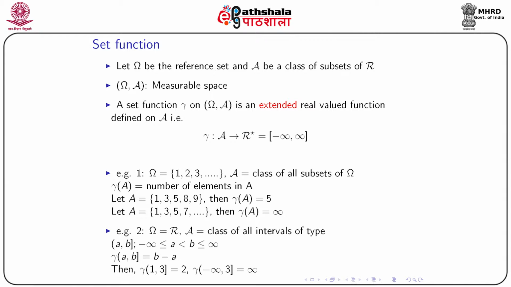Now we define the set function gamma of (a, b] as b minus a, as if we are considering the length. So if I consider the interval (1, 3], gamma of (1, 3] is b minus a, 3 minus 1, that is 2. Now if one of the endpoints is minus infinity or plus infinity, then this will be just infinity. So here also the set function can be infinity.